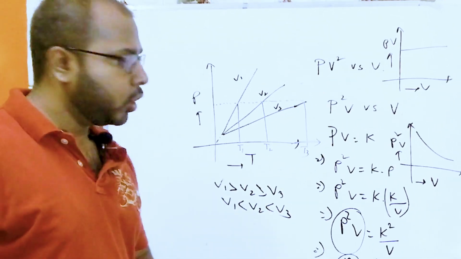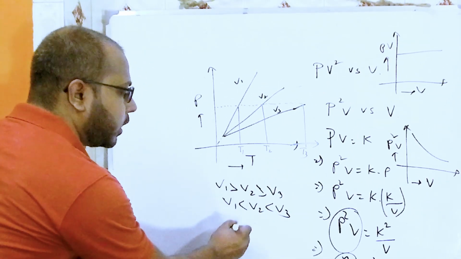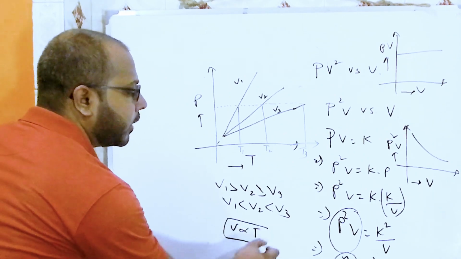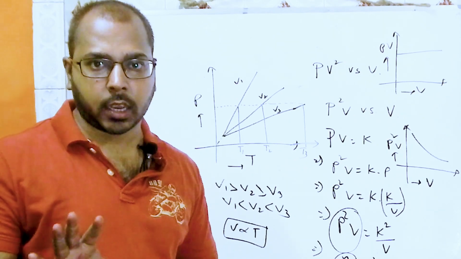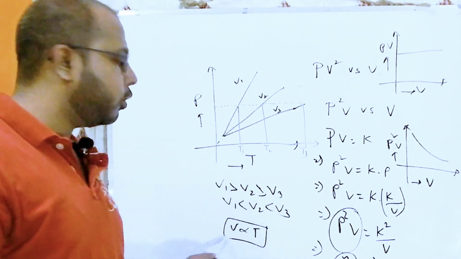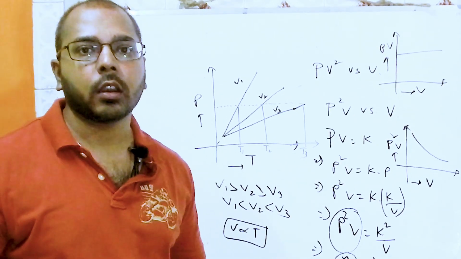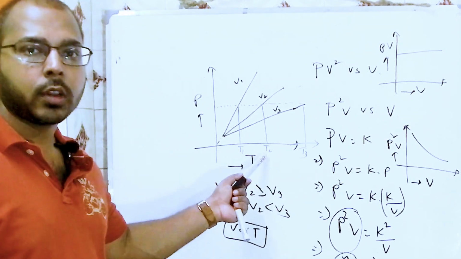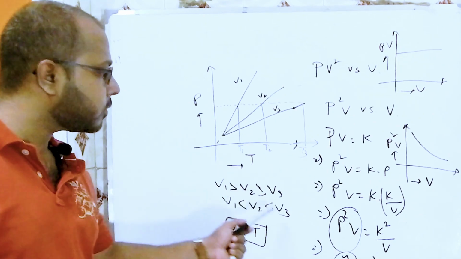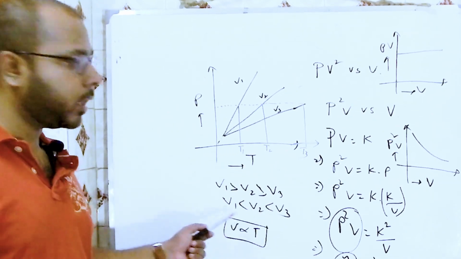Isn't it? So keeping pressure constant, you know that volume and temperature are directly proportional. So which one is higher here? T3 greater than T2 greater than T1. That means V3 greater than V2 greater than V1.